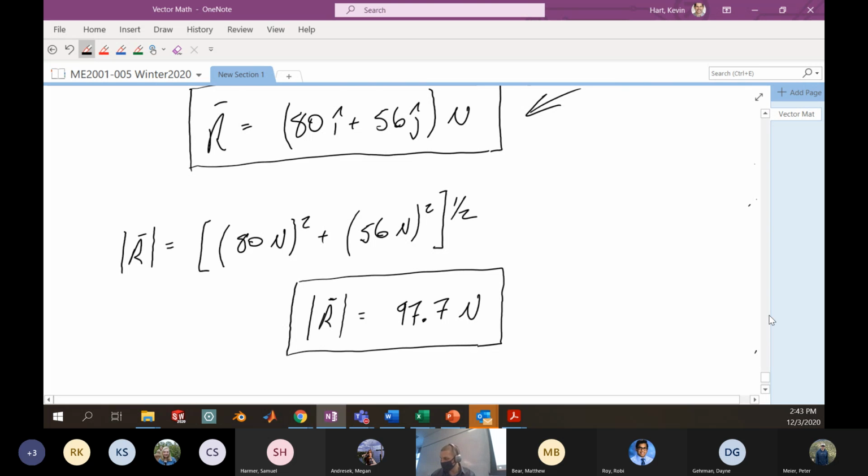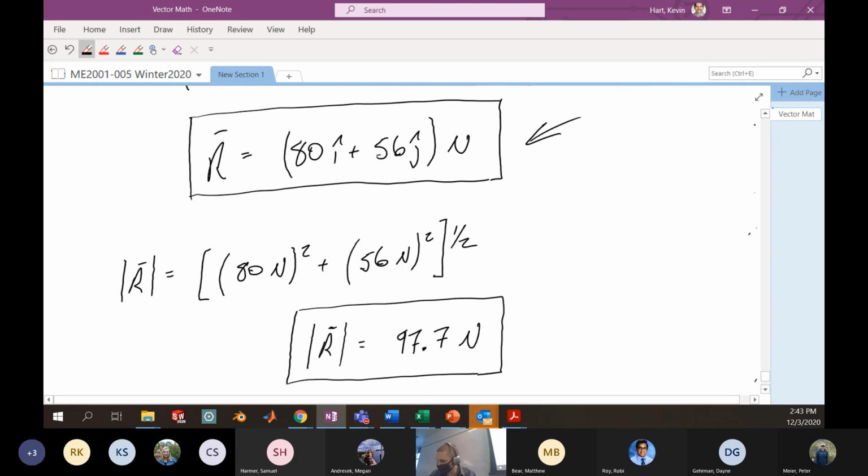Okay, so let's maybe draw what this resultant would look like. So here's x, here is y. I've got 80 in the x, 56 in the y. All right, so if I say out here is 80 newtons, then maybe, I don't know, if I'm trying to scale this appropriately, does that look about right?